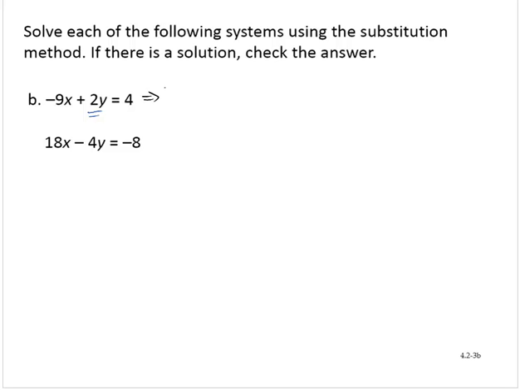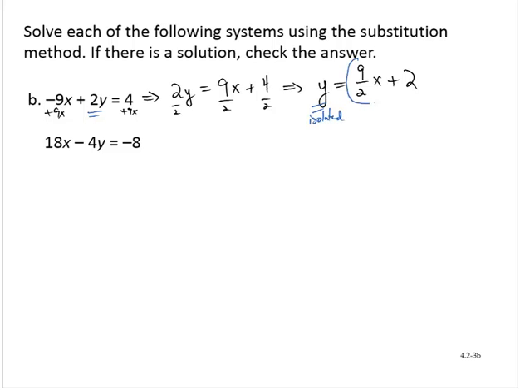So by adding 9x to both sides, I would have 2y is equal to 9x plus 4, and then I'll divide each term by 2, and that would give me y is equal to 9/2 x plus 2.